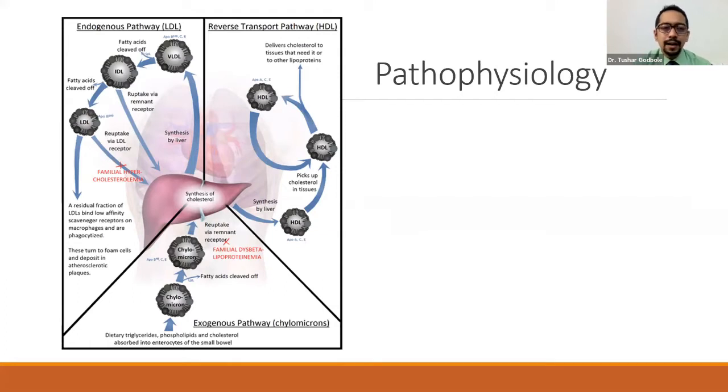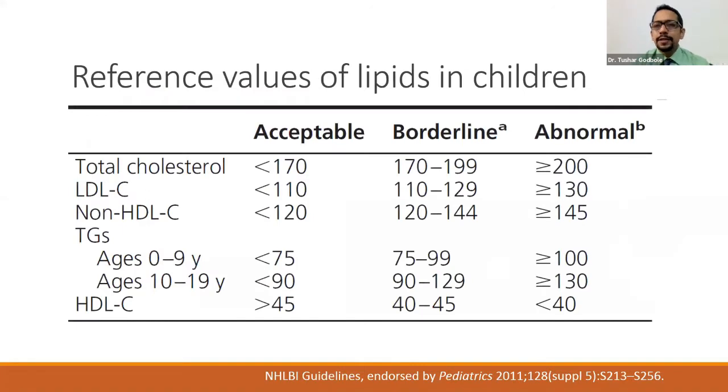You have the second arm in the endogenous pathway, where the uptake of the LDL by the LDL receptors, and most often the LDL receptors, most abundantly they are present on the liver. So the liver does not take up the LDL, and they pile up in the circulation, giving rise to the atherosclerotic plaques.